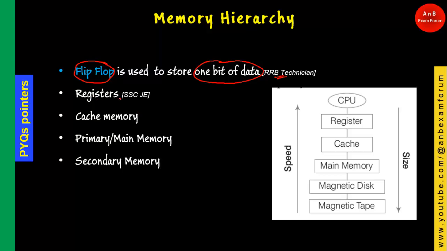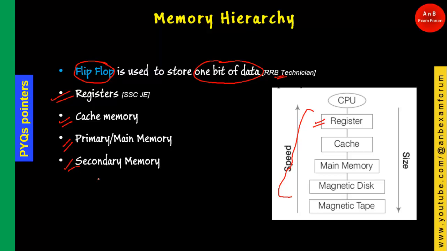If you are asked which of the following memories is the fastest, your answer should be registers, because they are closer to the CPU. Afterwards it is the cache memory, afterwards primary or main memory, and finally the secondary memory.